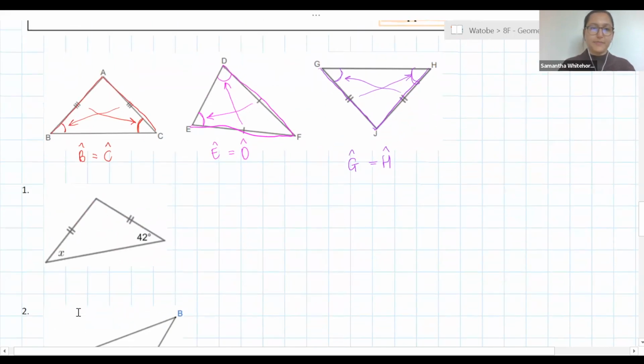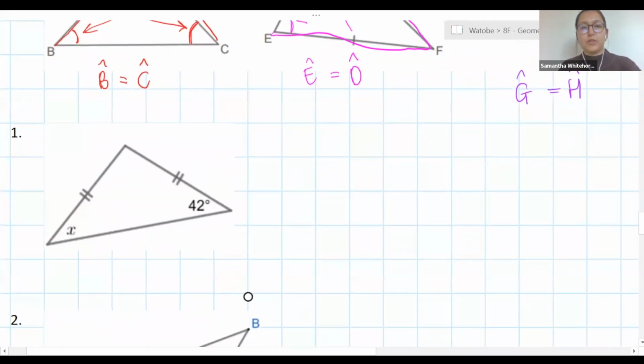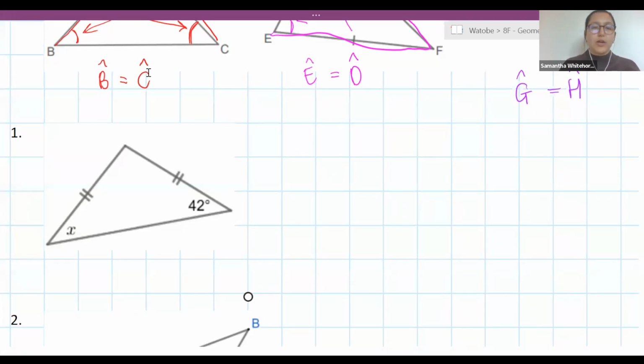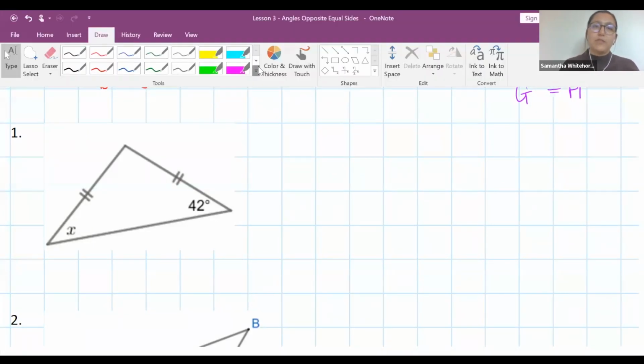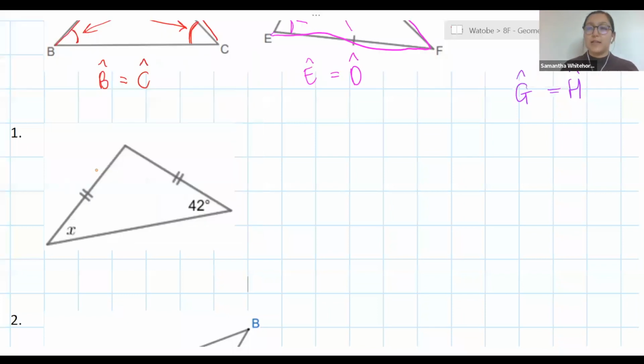If we look at example 1, I'm going to do it with you to start off. We've been given a triangle and we've been asked to find the size of x. The first thing we want to notice is these two little lines on the sides, which tell me that this side, even though there are no labels, that's okay, is equal in length to that side.